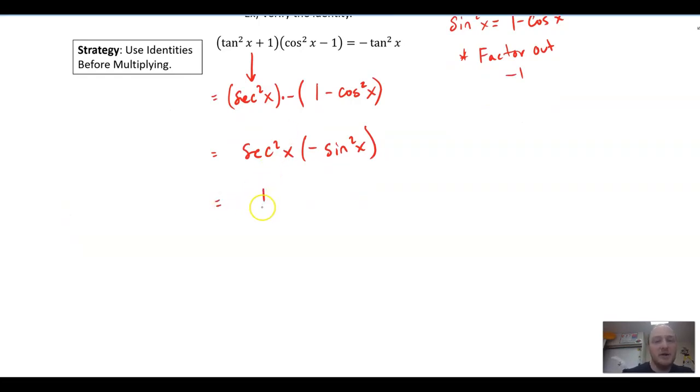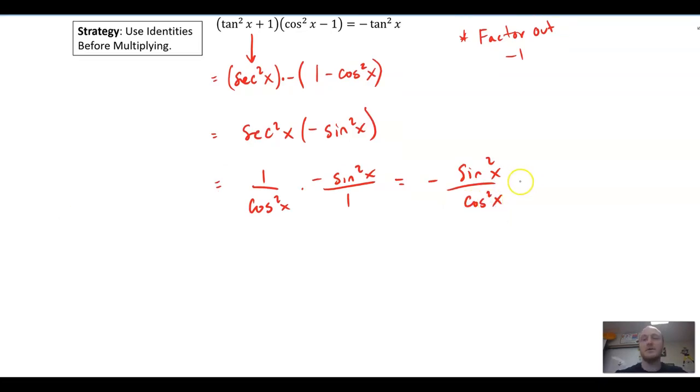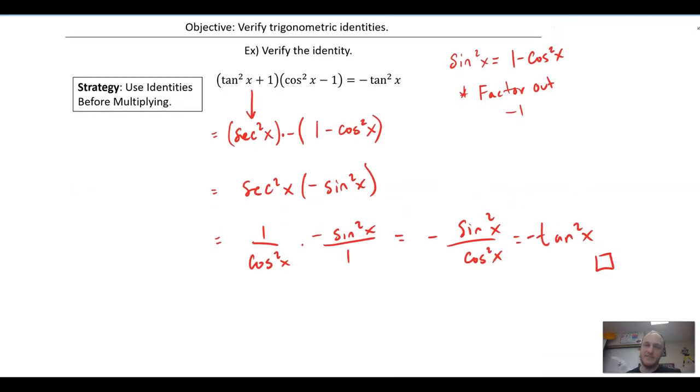Well, secant squared is 1 over cosine squared x, times negative sine squared x over 1, which happens to be, if I combine them, negative sine squared x over cosine squared x. And sine over cosine is what? Tangent squared x, right? And it is negative. And we did show what we wanted to show. There it is. Okay, so yeah, this one was pretty tricky.